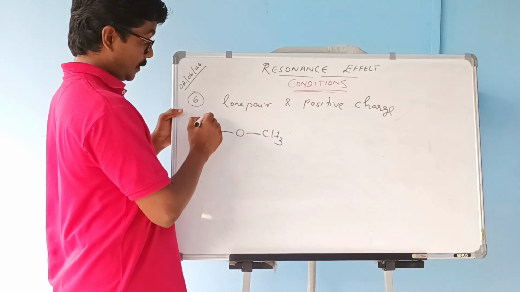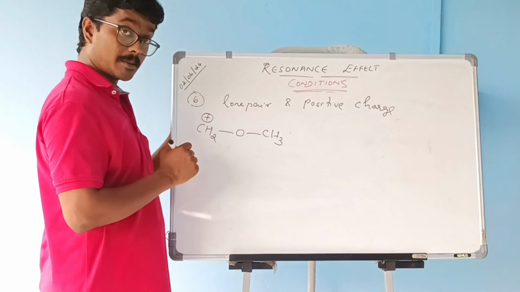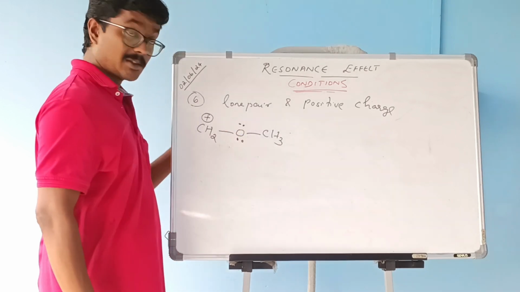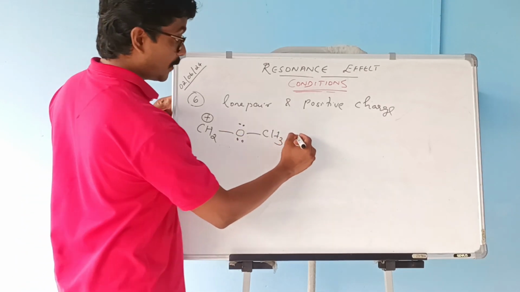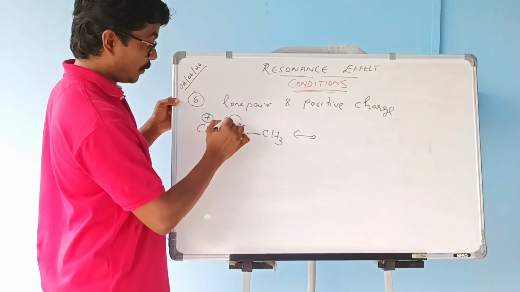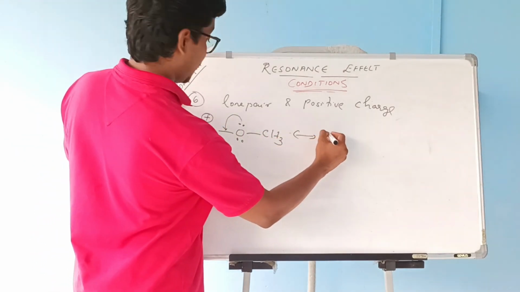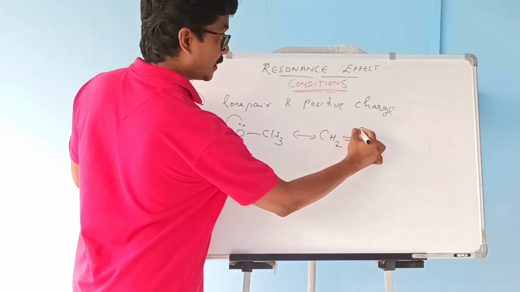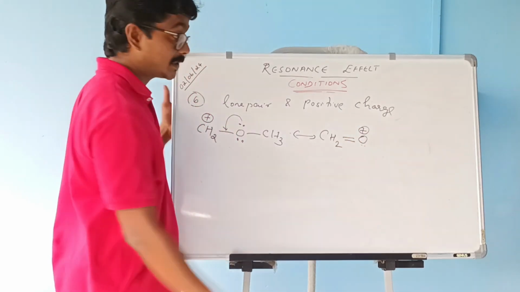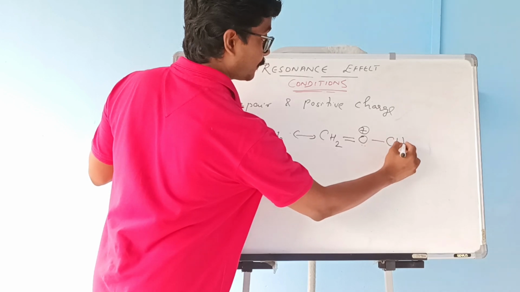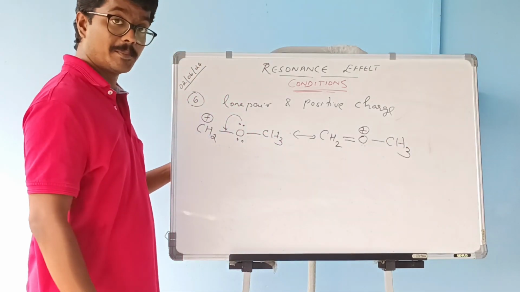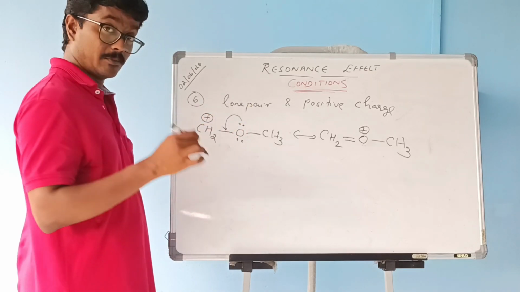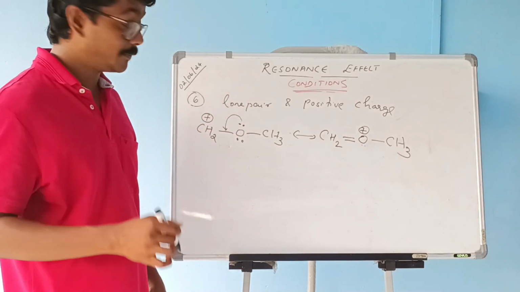So the terminal carbon is carrying a positive charge and a lone pair is carried by the oxygen. What is going to happen? This lone pair will come here, and CH2 double bond oxygen becomes positively charged, and CH3. So this is the sixth condition where resonance is possible.